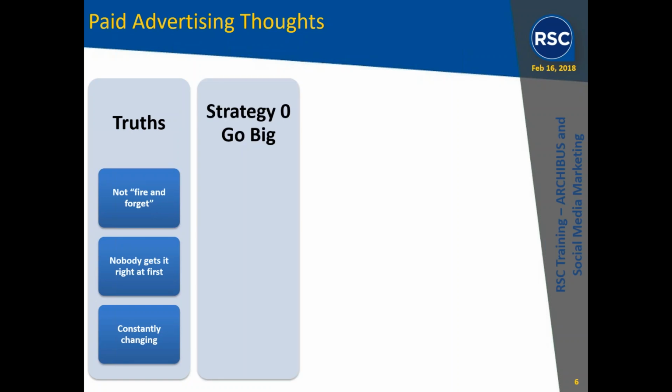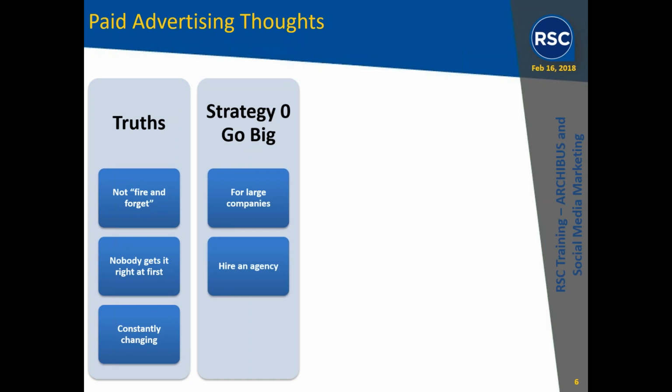So, what are the strategies that you can use to do paid advertising? For big companies, they go big, they hire an agency. Or they have a large on-site staff like eBay did, who pays attention to the technology and is constantly working internally to develop the best content and do the best ad purchasing they possibly can.